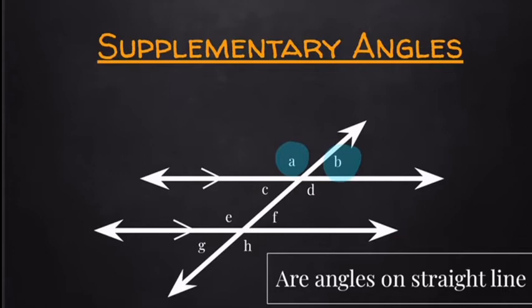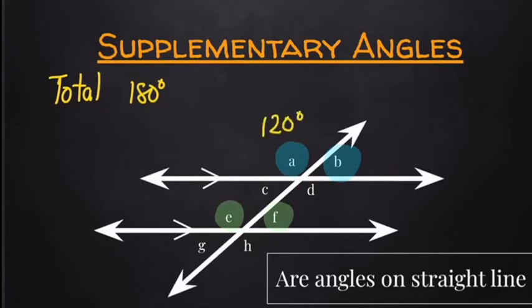Yes, E 同埋 F，因為佢哋都係喺最下面嘅 parallel line 上邊被 transversal line 穿過，所以佢哋加埋一齊係等於180度嘅。Okay, very good. Dora, since we know that supplementary angles total 180 degrees, if A is 120 degrees, what would be the measurement of B?